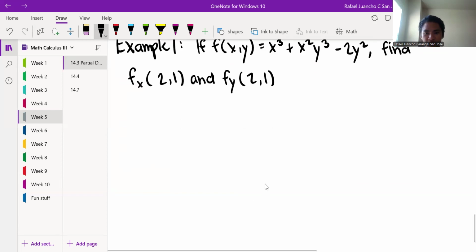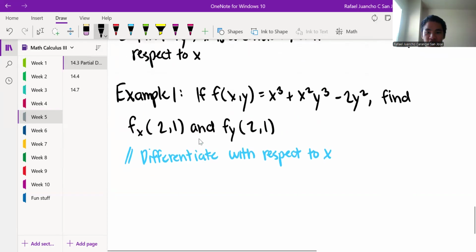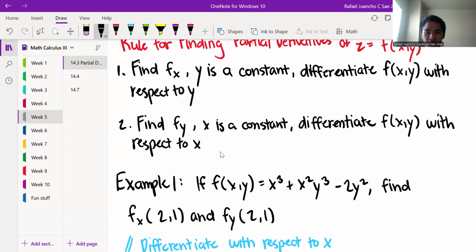So let's see. So the first thing we want to do is differentiate with respect to x. Why do we do that? Well, we're trying to find f sub x.